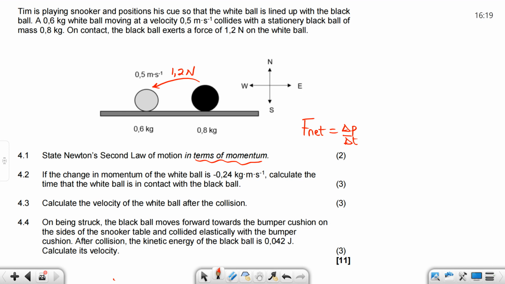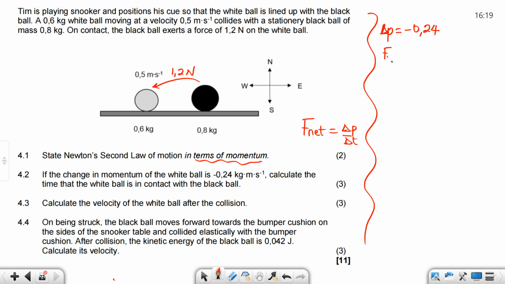If the change in momentum of the white ball is negative 0.24 kilogram meter per second, calculate the time that the white ball is in contact. Now let's check what we have. We have the change in momentum, negative 0.24.